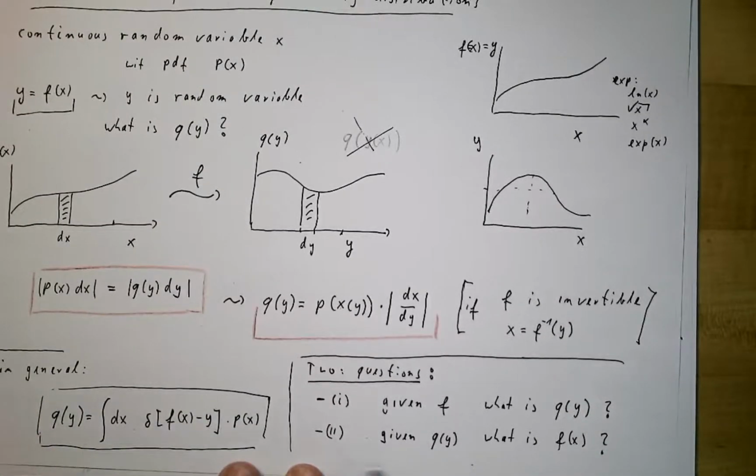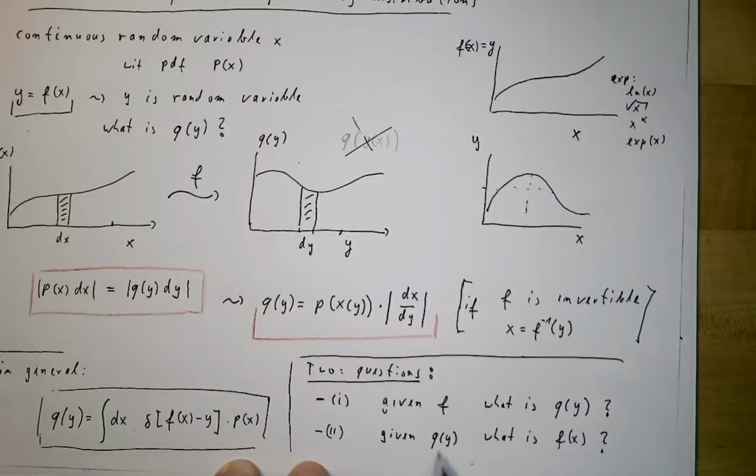The second question: if we have a given, desired probability distribution, how can we calculate the function f of x? And in the next video we want to look at the other problem: if we already have a variable transform, how can we calculate the new distribution? Okay, for now, thank you.